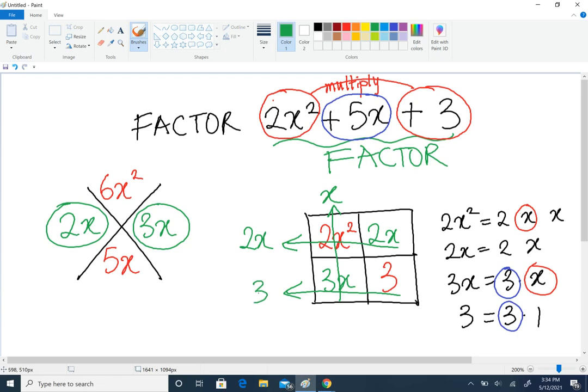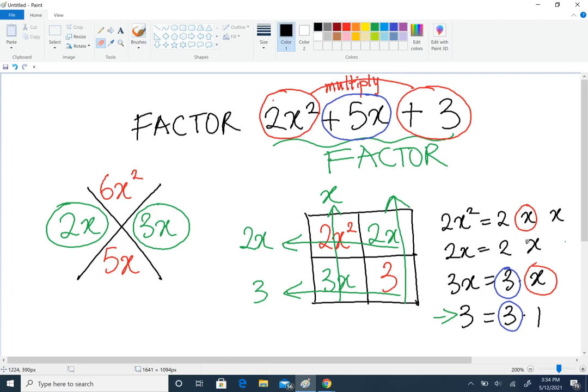And then finally, I have 2x and 3. Well, there is 2x right here, and then the 3 line is right here. So what does 2x and 3 have in common? Well, they don't really have much in common, which is normally a hint that it's actually going to be 1, right?